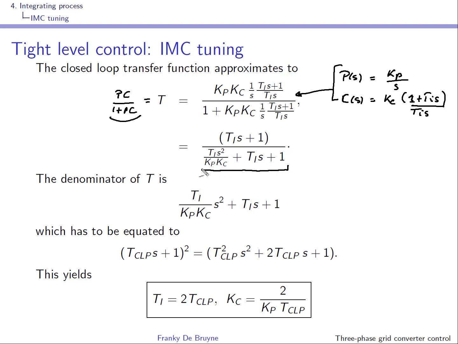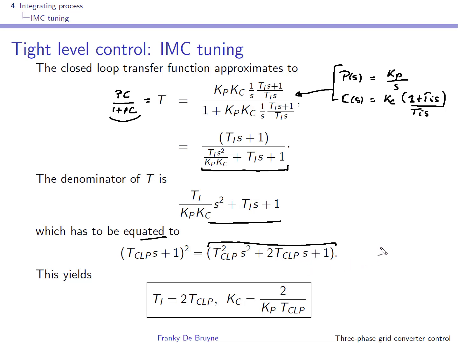see that the closed loop transfer function is like this, and indeed you see that the denominator is of the second order. This is this denominator, and this has to be equated to what we had decided before.